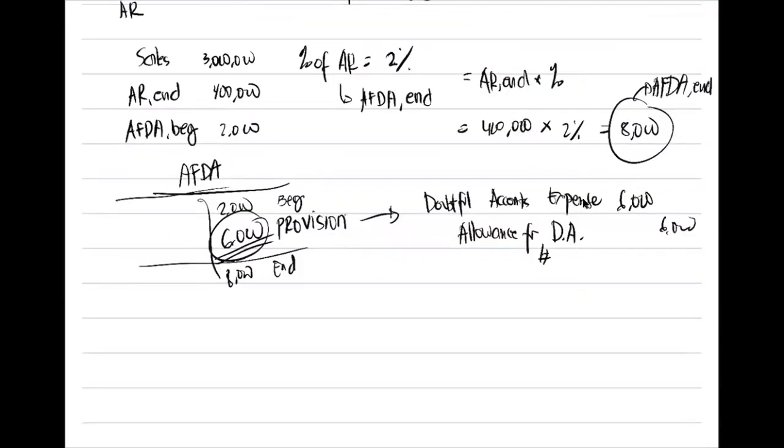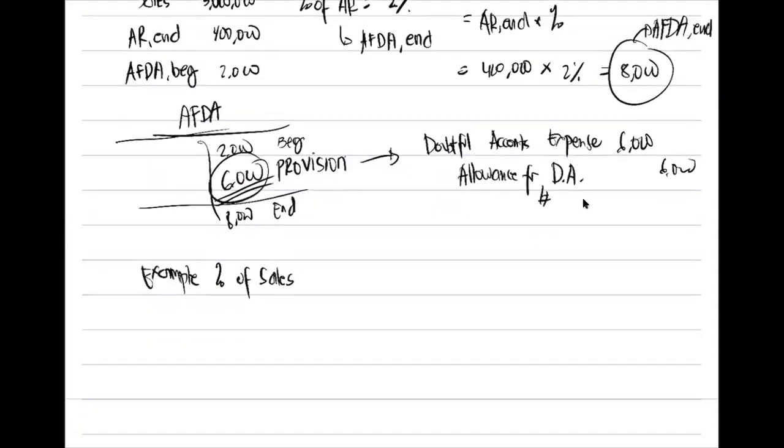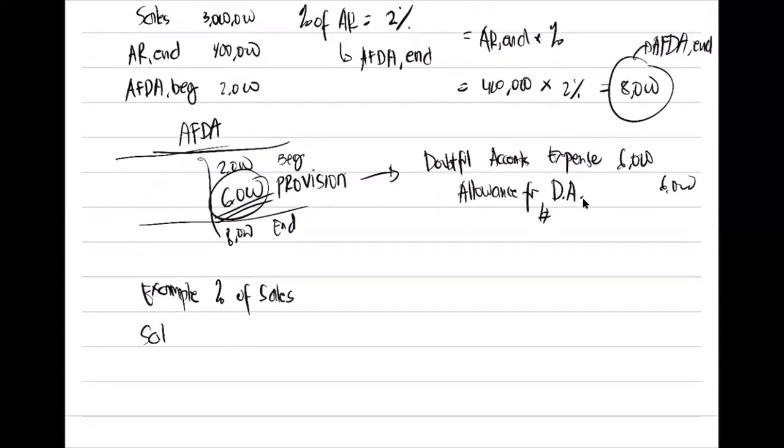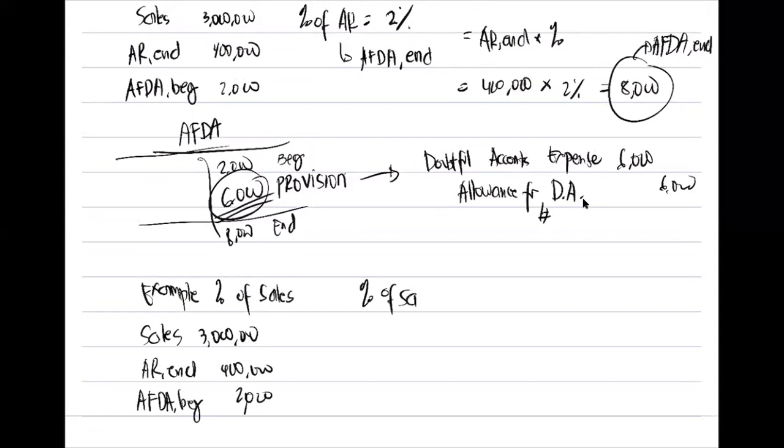So, let's have another example for percentage of sales naman. So, let's say we still have your sales of 3 million. We have your AR end at 400,000. We have your AFDA beginning of 2,000. So your percentage of sales, sabi, is 0.5%.